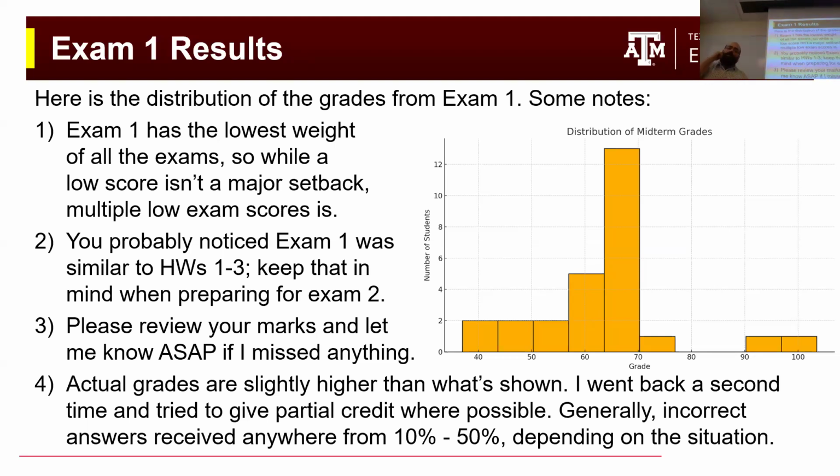So keep in mind that if you have a problem where it's telling you to obtain some expression or perform some calculation, showing the steps is really important so that I know that you could get from point A to point B and that you didn't just memorize an answer and put it on the page. So showing work was important.